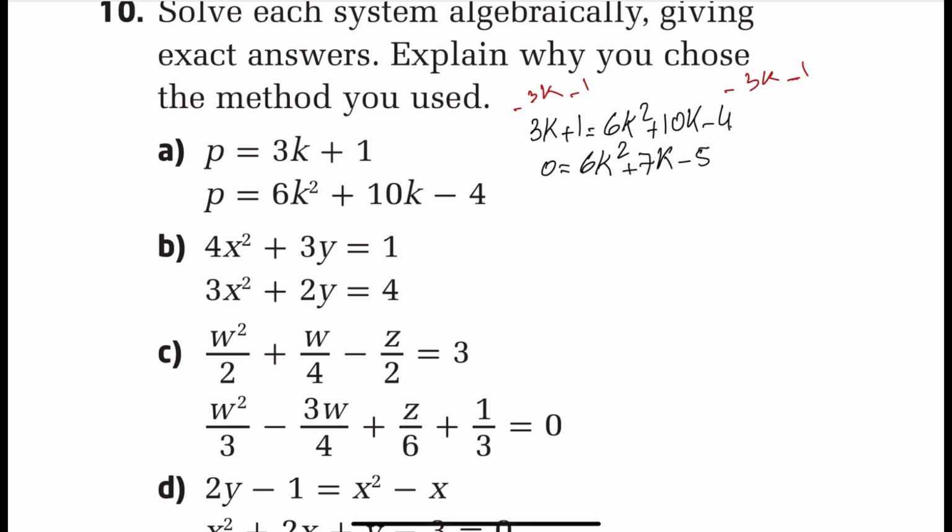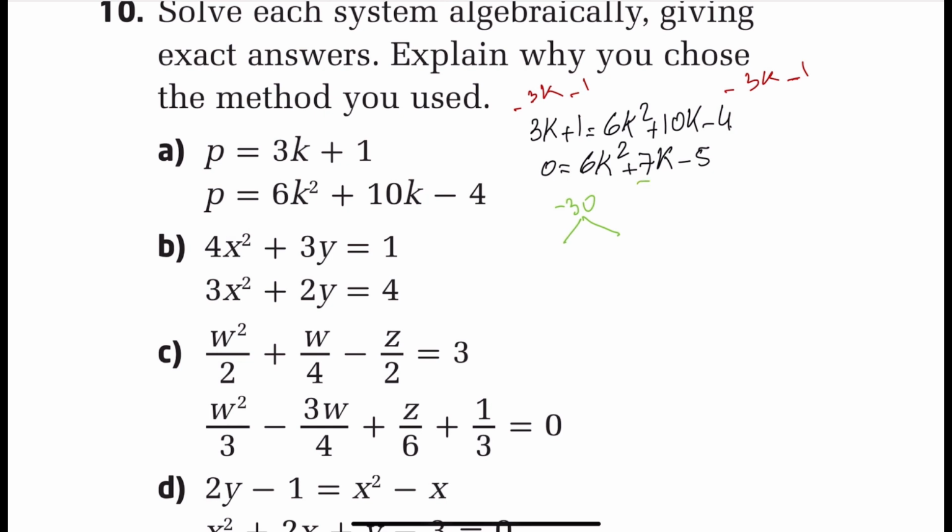So we have minus 4 minus 1 is minus 5. So this is equal to 0, and you put this times this, so minus 5 times 6, which will give us minus 30. I should look for two numbers that if you multiply each other, they give you minus 30, and if you add them, you get 7.